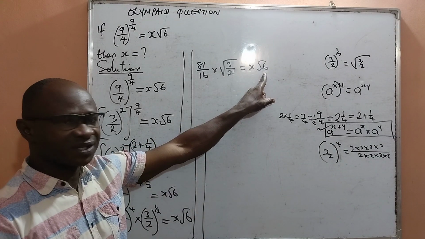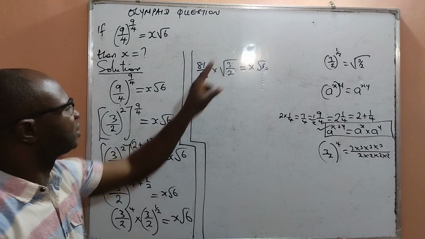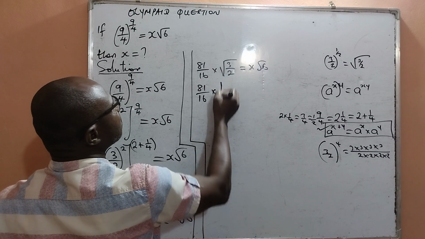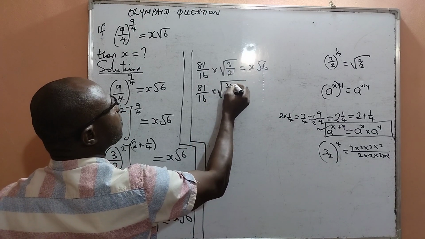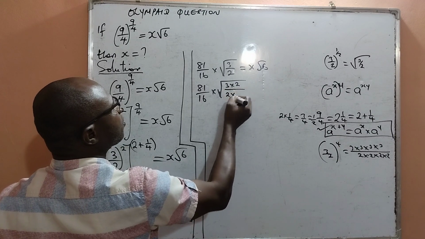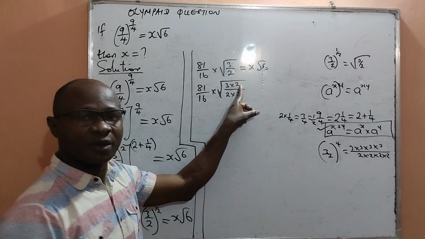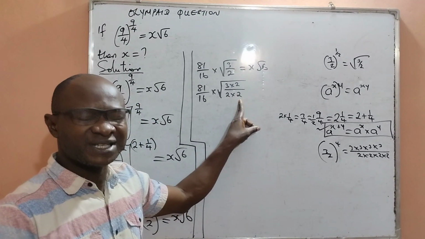I have root 6 on the right. I want to achieve the same thing on the left, and the only way to do that is to write the square root of 3 multiplied by 2 over 2 multiplied by 2. Nothing is wrong if I multiply the numerator by 2 and also multiply the denominator by 2. It means the equation is still balanced.